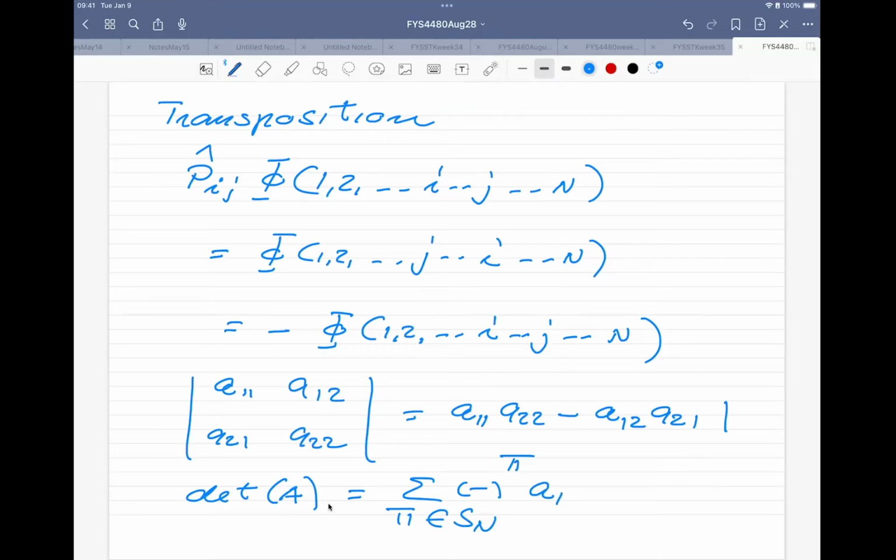So we are going to write this as A1 pi of 1. And then we have the next element, which is A2, so the diagonal, and then we permute that one with one of the columns. And this goes all the way, if we have a general determinant, up to AN, and then I have a pi of n here.